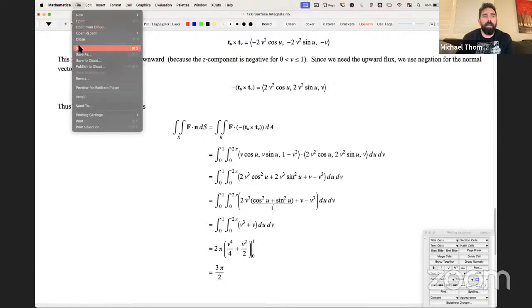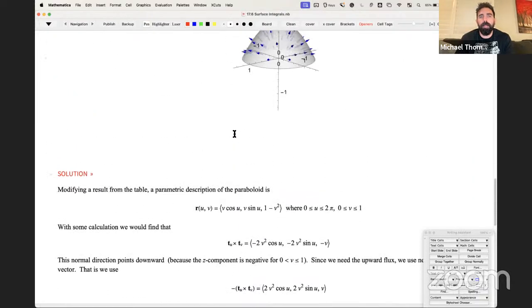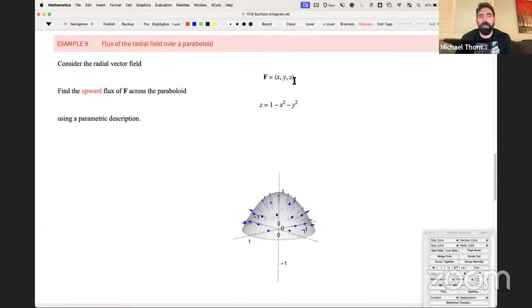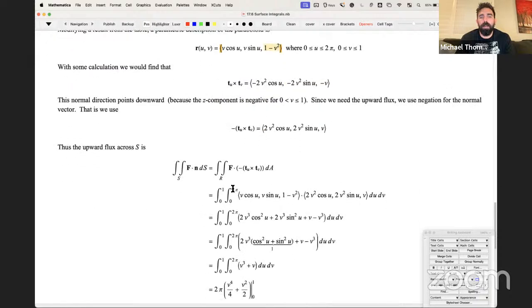Okay, so instead of T_u cross T_v, we'll use the negative of T_u cross T_v there. So you just plug everything in, plug in your vector field F, which is x, y, z. You replace the x, y, and z with your x, y, and z on your surface, so you get your entire integral in terms of u and v.